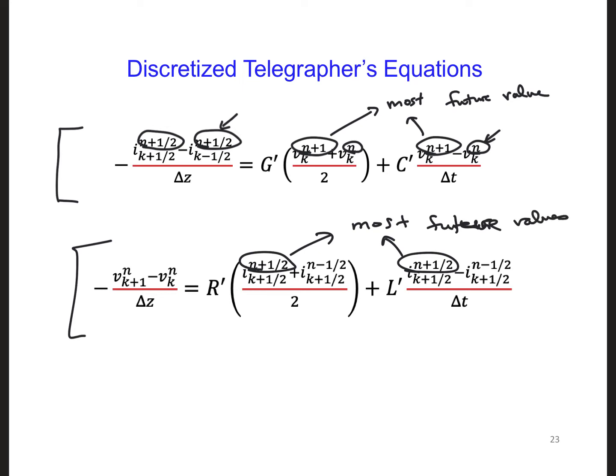So in other words, we move the terms around in these equations so that we solve for the most future value, say we have k plus a half, n plus 1 half, and we move all the other terms to the right side. And same thing here, we have n plus 1, the most future voltage, and everything else on the right side.